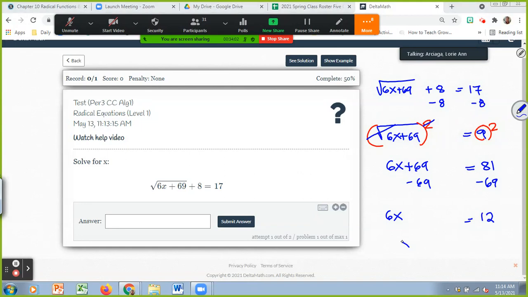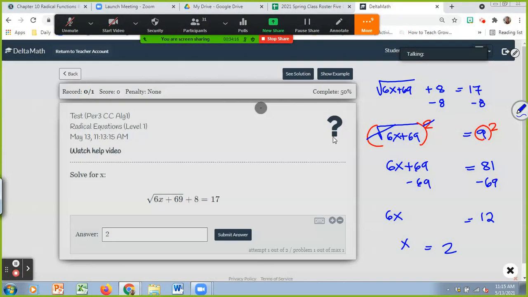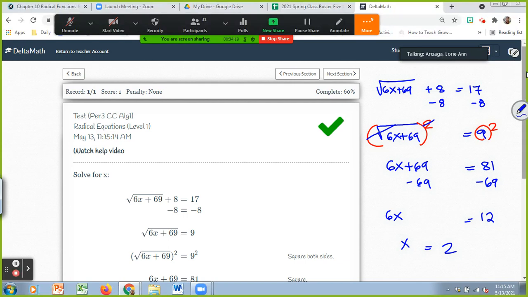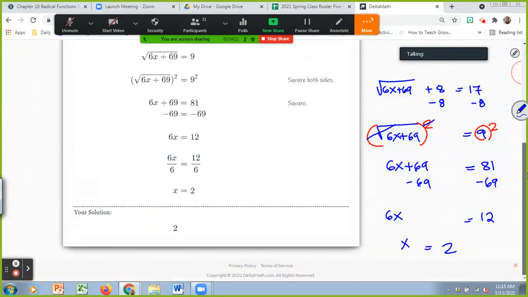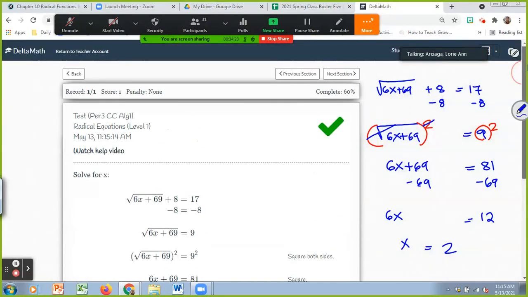Final answer? 2. Very good, Shalia. Yep. 12 divided by 6 is 2. Clear that one. There you go. And it shows you the solution over there too. It shows you the complete solution.